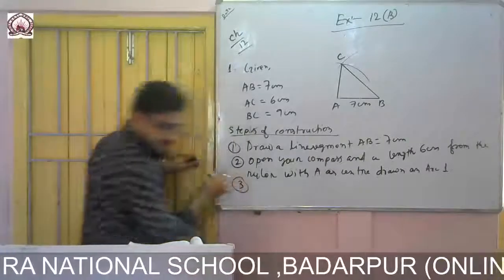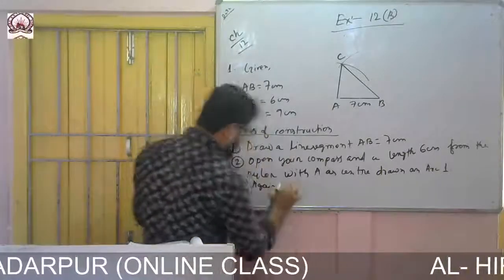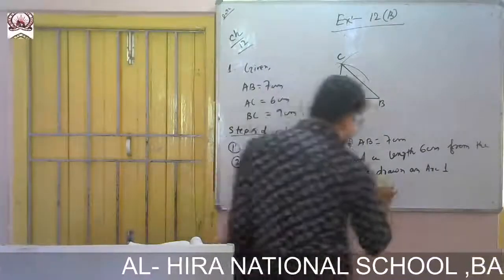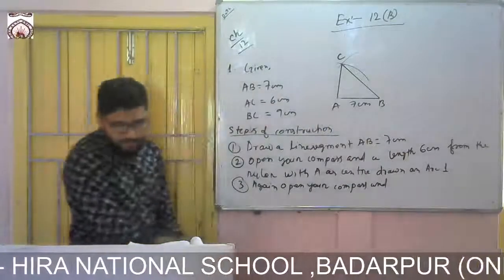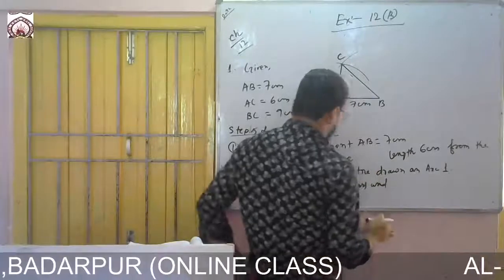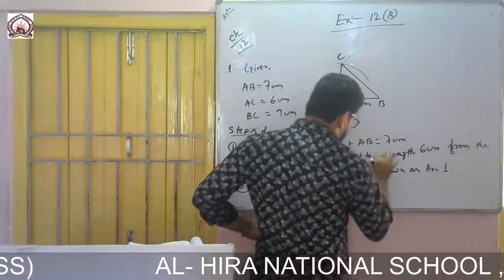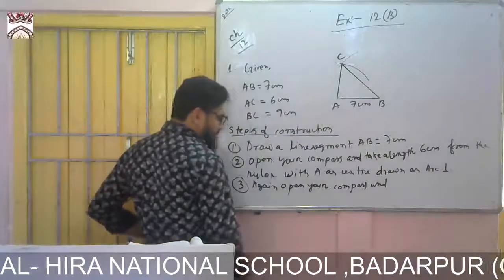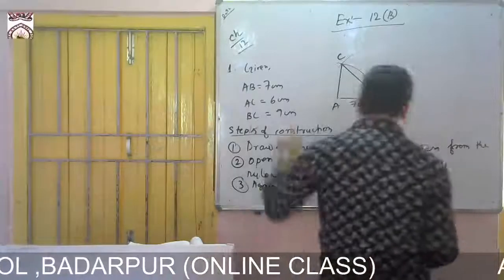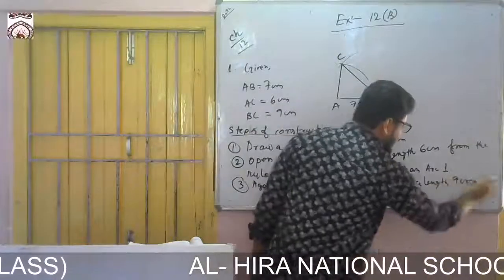Now number 3, you write: again open your compass and take a length of 9 centimeter from the ruler.